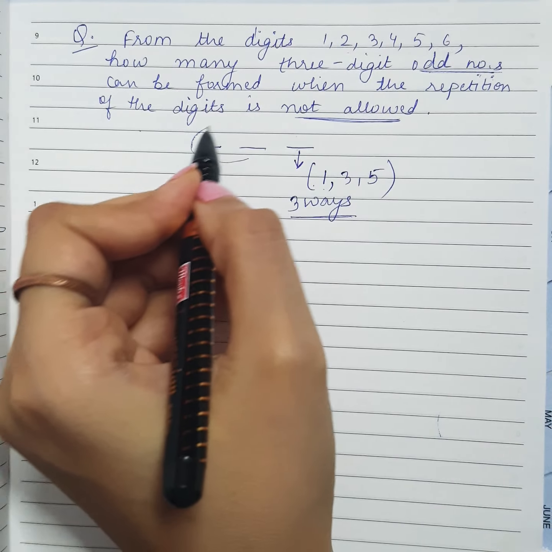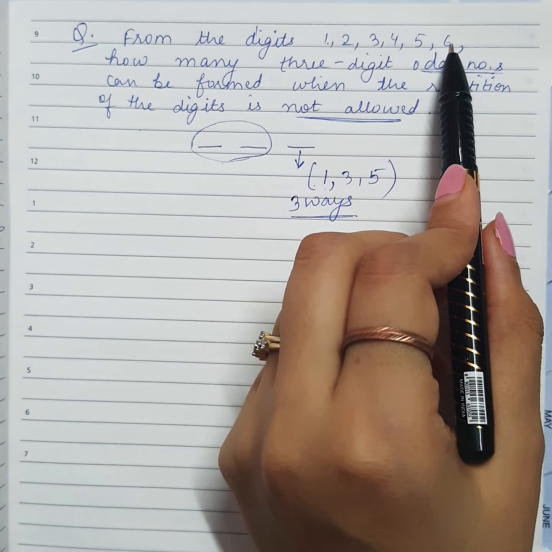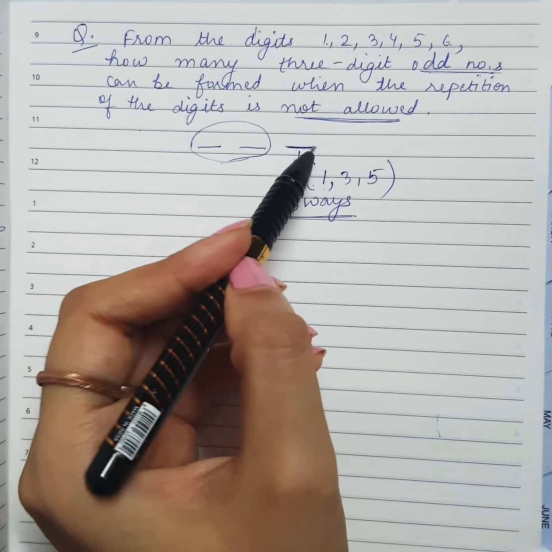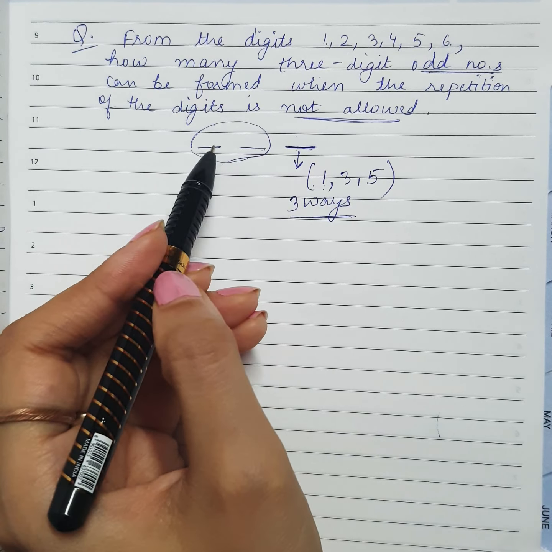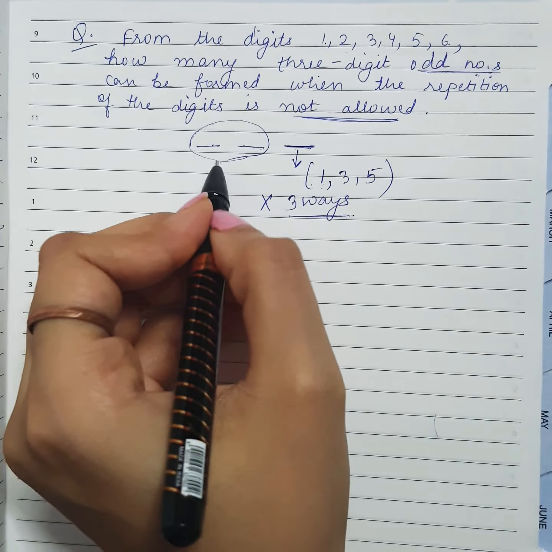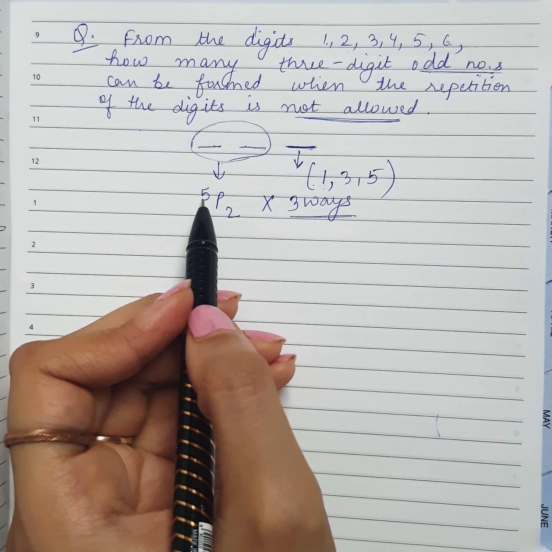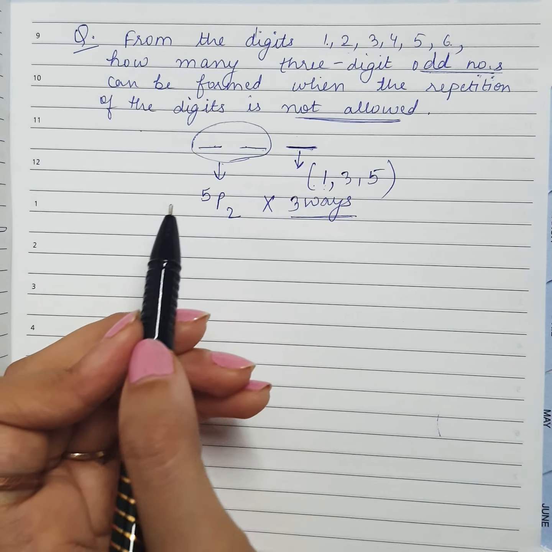Now for these two, we have total 1 2 3 4 5 6 numbers, 6 digits. But one number we will fill first here out of these 3. So we are left with 5 numbers. Out of 5 we have to fill 2. So for these 2 places we have 5P2, selection of 2 numbers out of 5 numbers as well as arrangement.